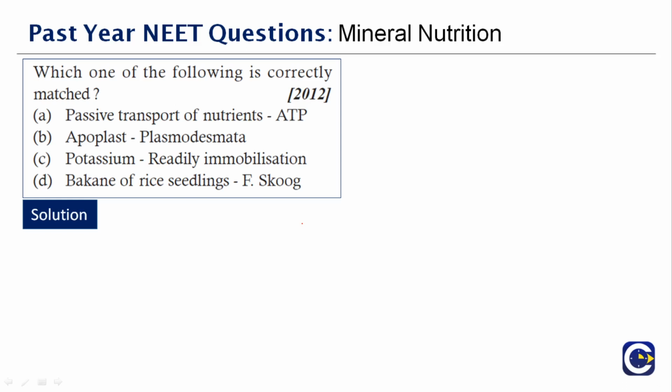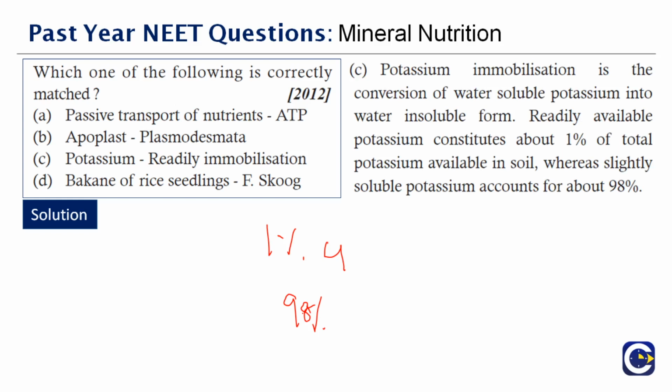Potassium immobilization is a conversion of the water-soluble potassium into a water-insoluble form. Readily available potassium constitutes about 1% of the total potassium available in the soil, whereas slightly soluble potassium accounts for about 98%, it seems. So you can understand from this how much is a pure form and the other. Therefore, the right answer to this question is option C.